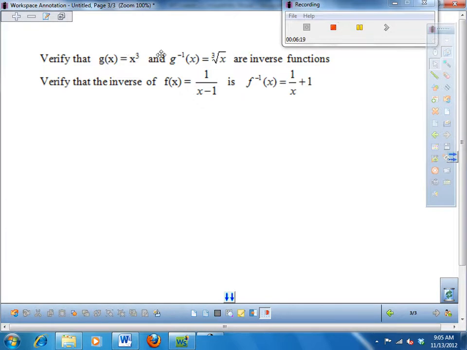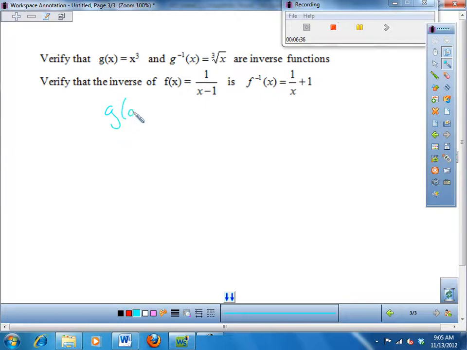So to verify that g and g inverse of x are indeed inverses, what I need to do is take this, so g of g inverse of x looks like I take this and plug it in here. So that would look like cube root of x, cubed. What is the cube root of x cubed?